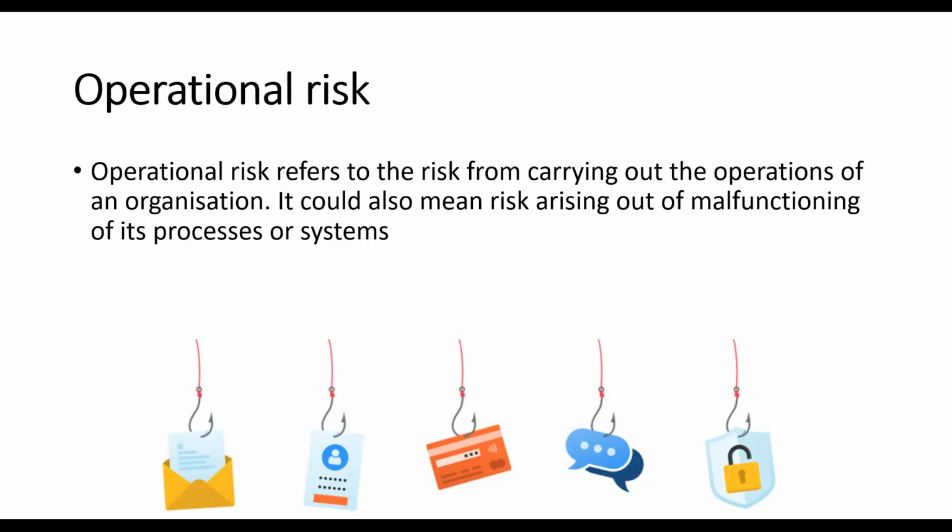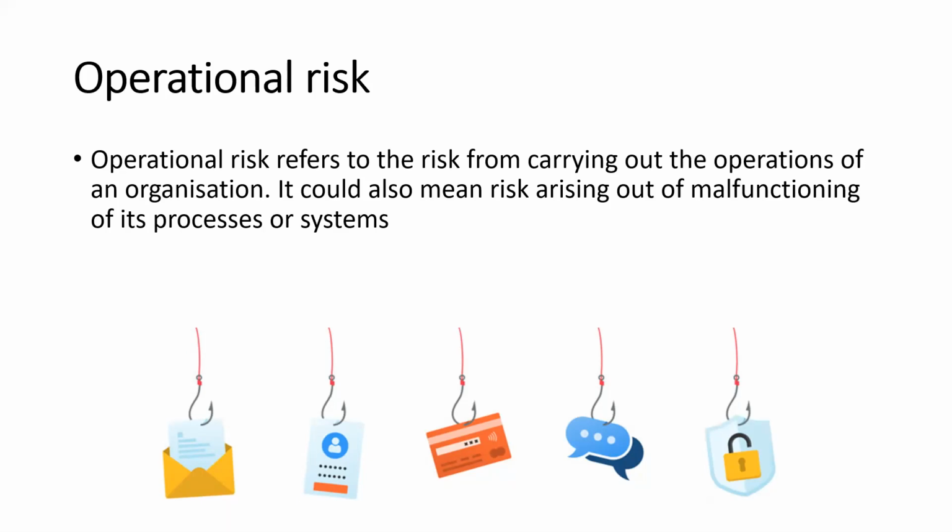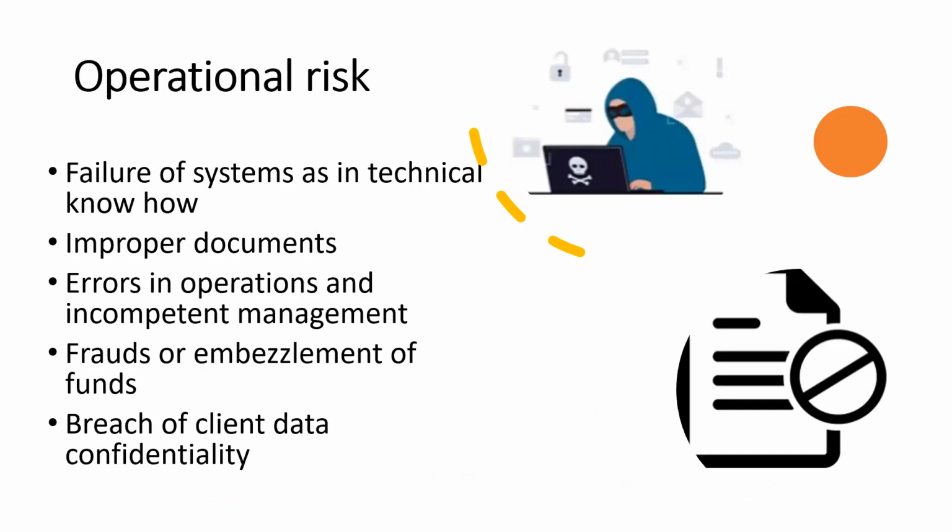This risk can be related to one particular specific organization. When we are discussing operational risk, you can think about the functioning of the organization. The risk arising out of malfunctioning of its processes or systems is known as operational risk.